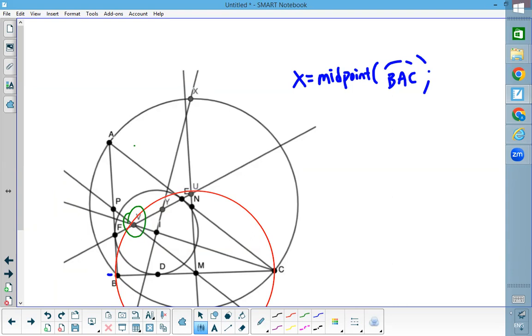What we just proved is that V is on the ray CI. That was part A. We can immediately say that by symmetry, we must have something else. Once we show that V is on the ray CI, what else must be true?